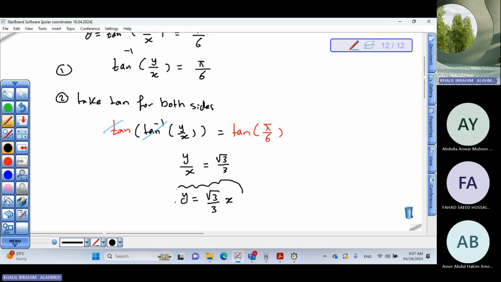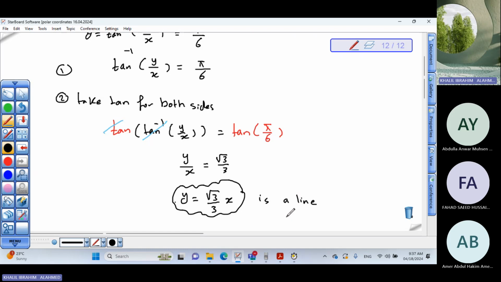This is a line, a straight line. That's it for today. Any question about the lesson today? This is how to convert a rectangular equation to a polar equation and how to convert a polar equation to a rectangular equation.